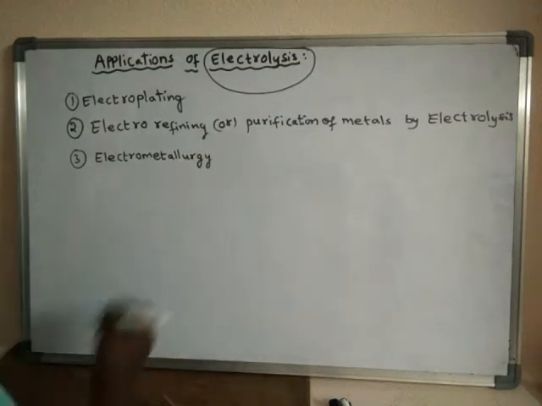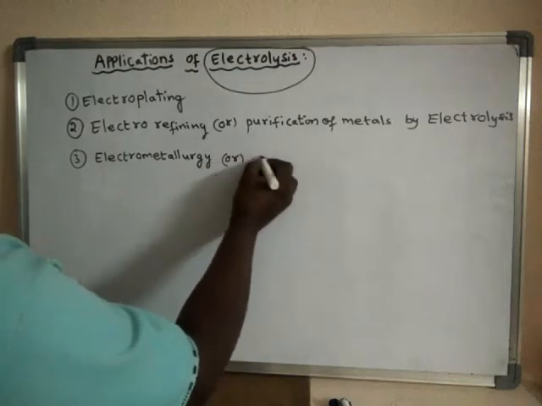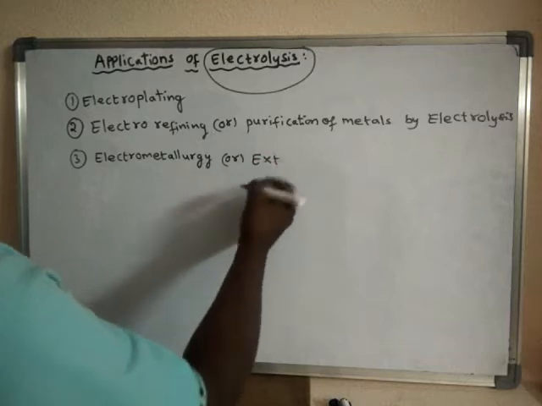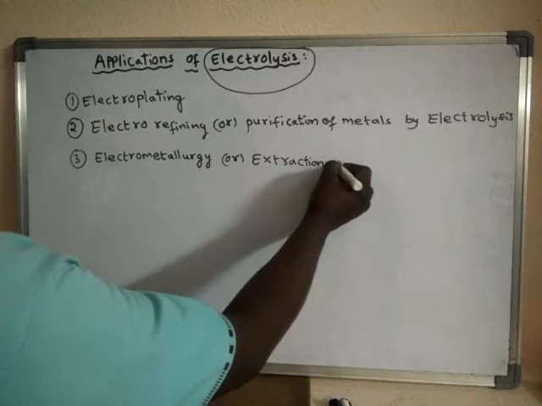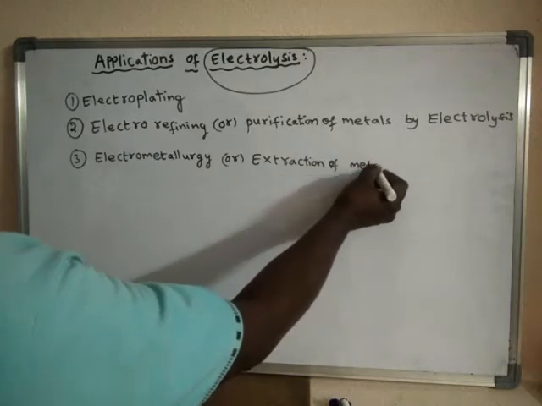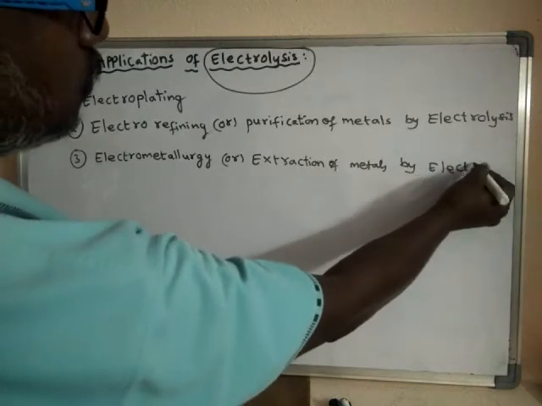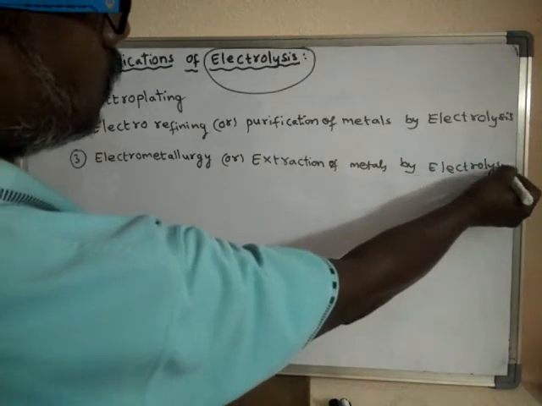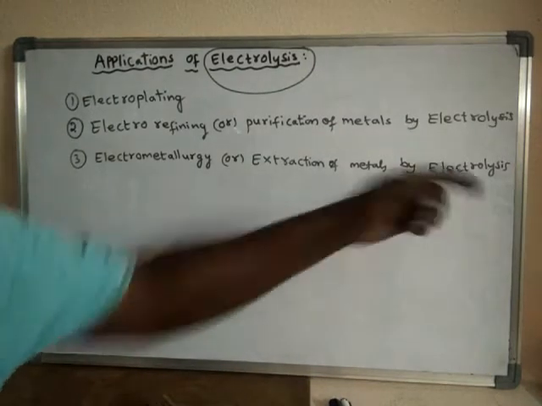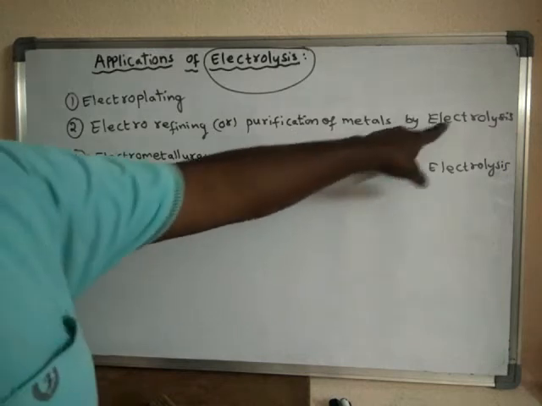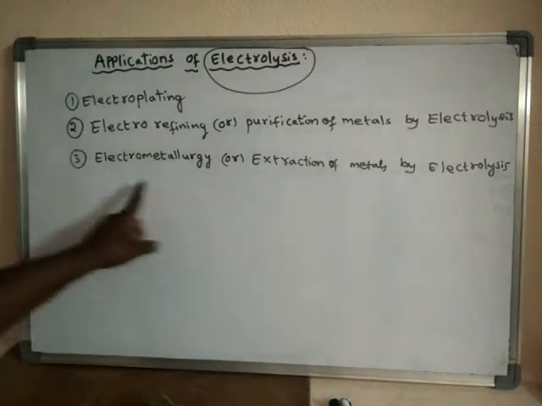Electrometallurgy is nothing but extraction of metals by electrolysis. Purification of metals by electrolysis is called electro refining, and extraction of metals by electrolysis is called electrometallurgy.